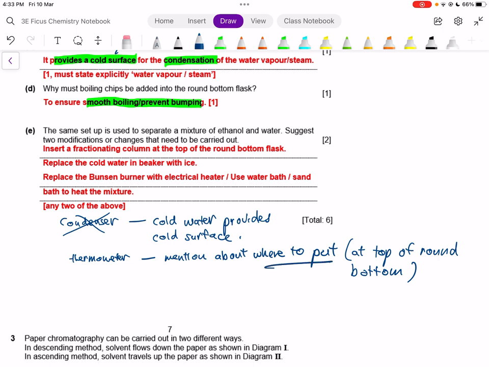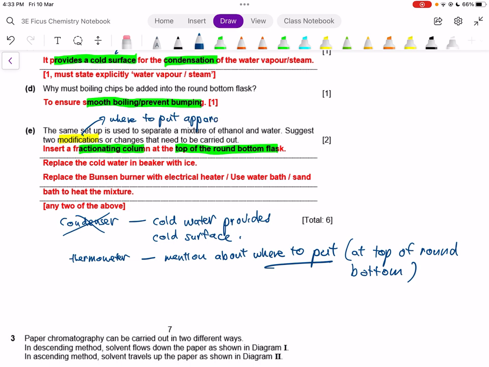Same goes for fractionating column. I didn't give you the mark because you didn't tell me it needs to be at the top of the round bottom flask. Basically all these, you are supposed to suggest modifications, so you must be specific about where to put the apparatus.